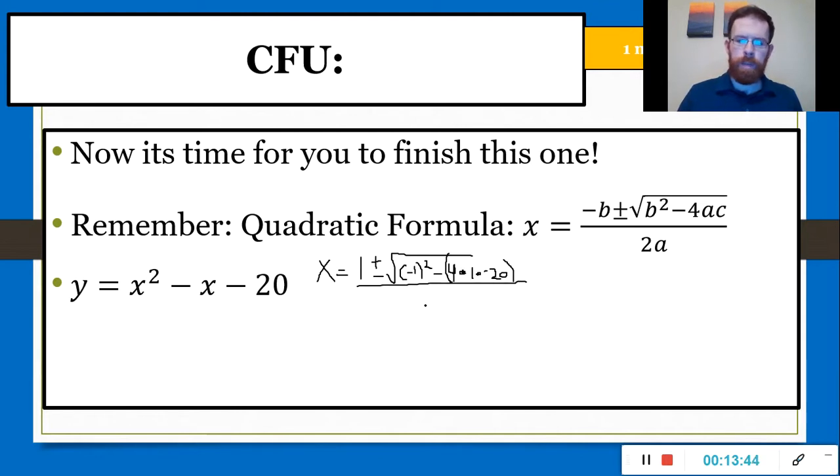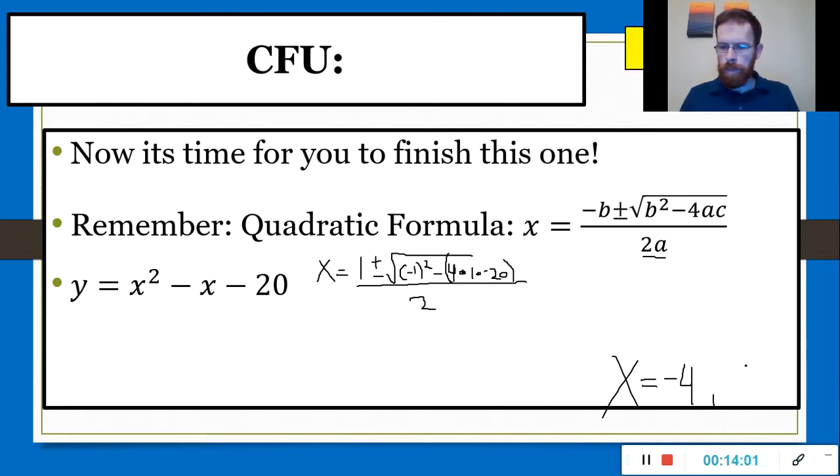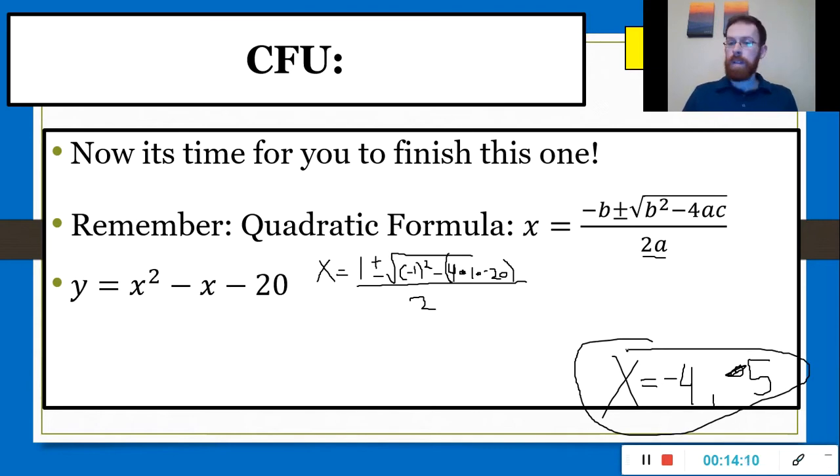Remember, negative times negative is a positive, all divided by 2. Because remember, 2 times 1 is 2. Ladies and gentlemen, your answers, if I'm doing this correctly, should be x is equal to a -4 and a positive 5. Alright, ladies and gentlemen, if you want to see this one worked out, definitely comment on the video.